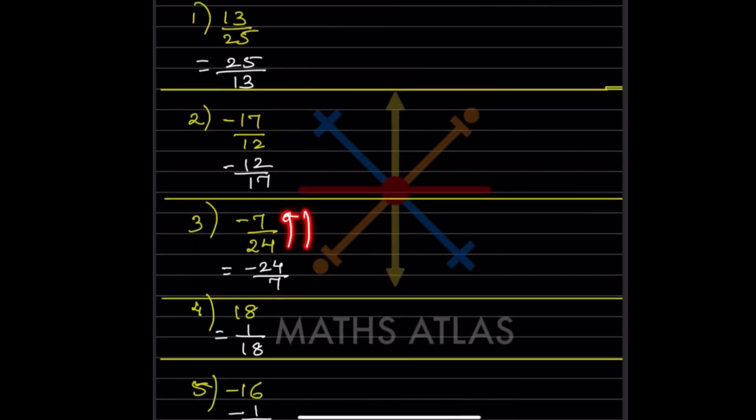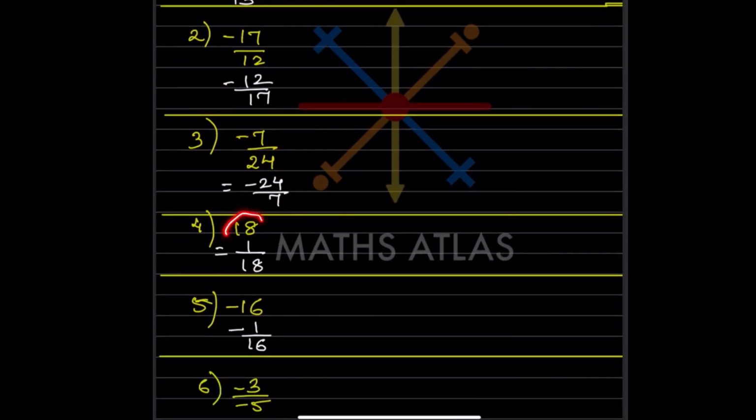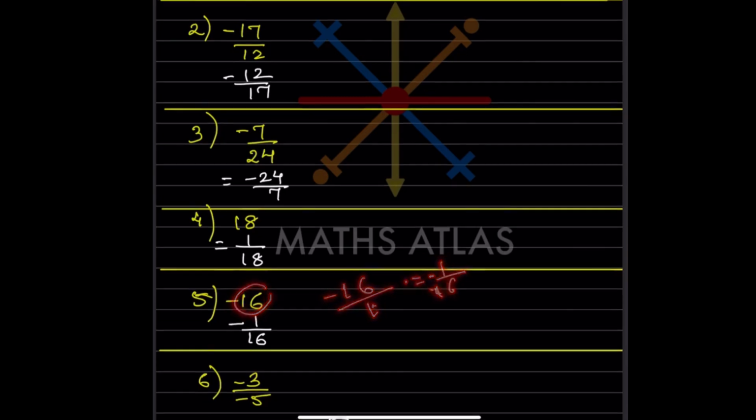This again the same, so it will be 24 by 7, but with the minus sign. 18, again here 18 means it is 18 divided by 1, so the reciprocal is going to be 1 by 18. Again for minus 16, it will be minus 16 by 1, so the reciprocal is 1 by minus 16 or minus 1 by 16, both are the same.